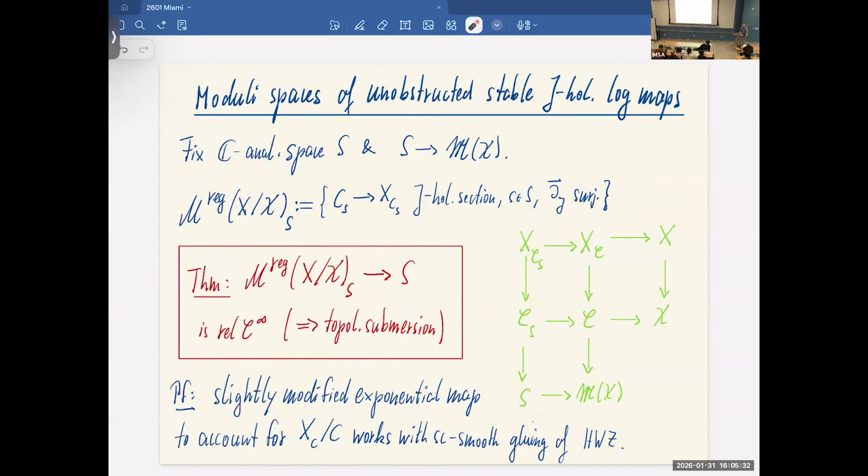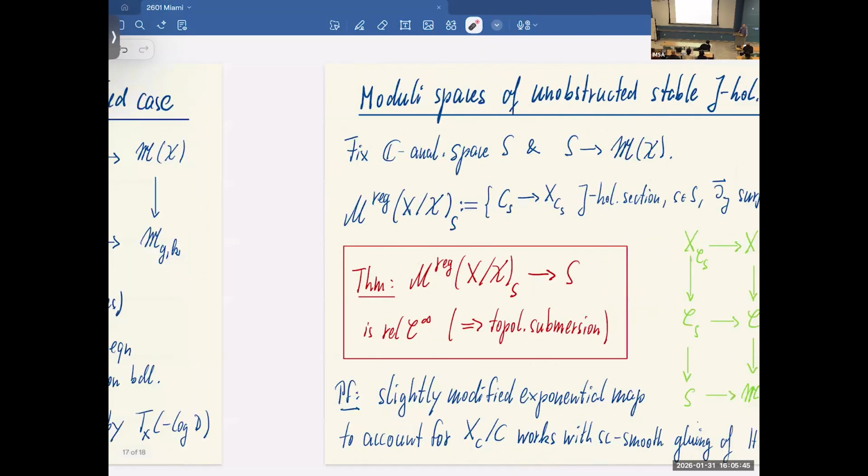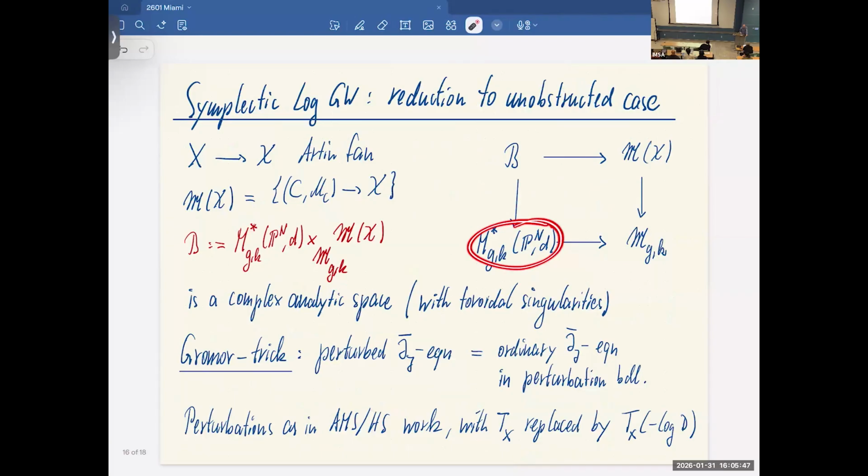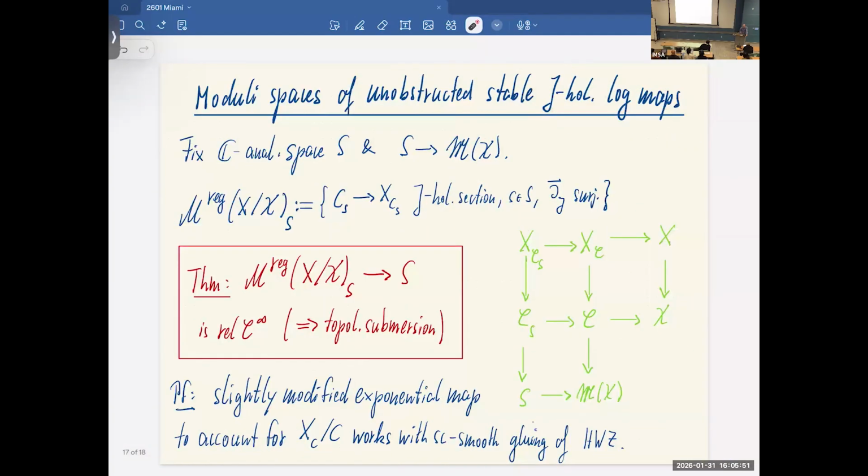So this is the space where you look at unobstructed stable J-holomorphic log maps. And so let's fix this complex analytic test space that will be some enhanced version of this guy, right? So with the perturbation data enhanced. The target, which targets the X? No, X is smooth.